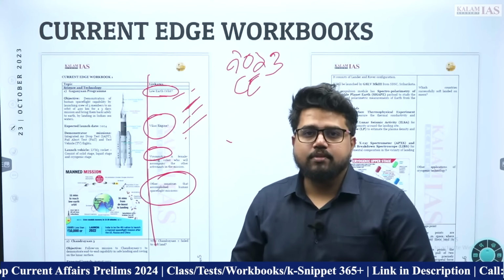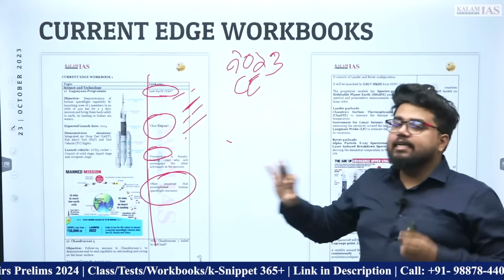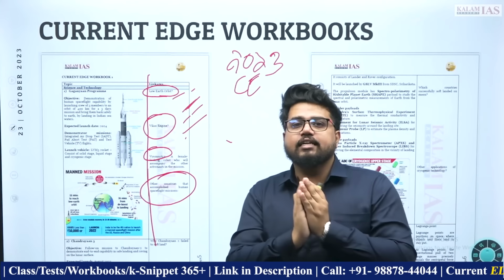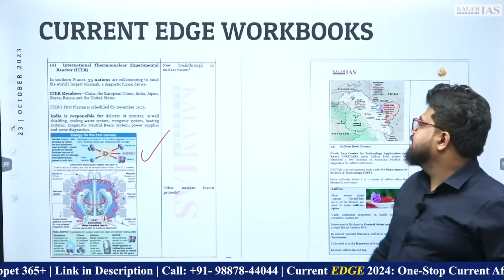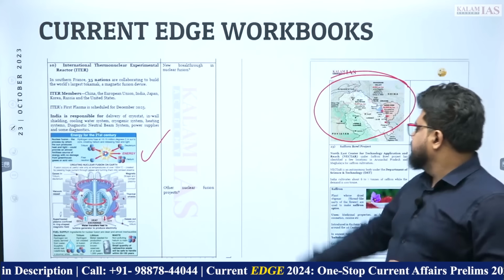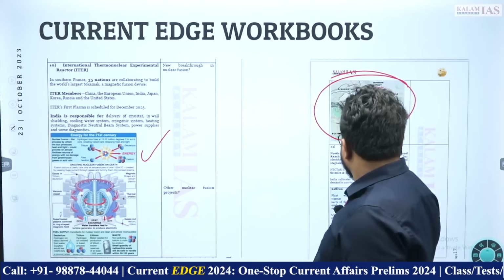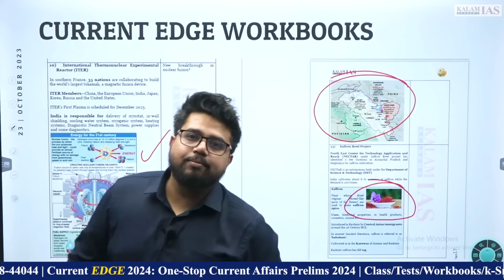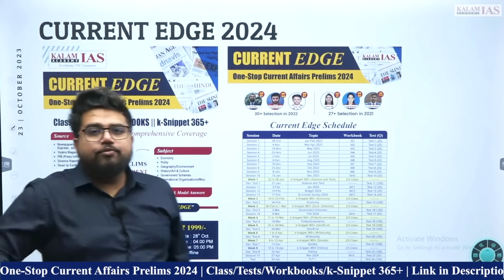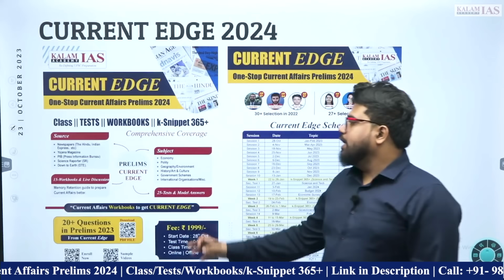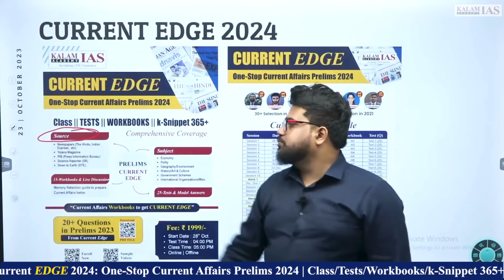So this is the whole idea of integrative learning, active learning in current affairs. You can see this with different other topics like ITER, Jammu and Kashmir map, and the Saffron project the government has come up with.